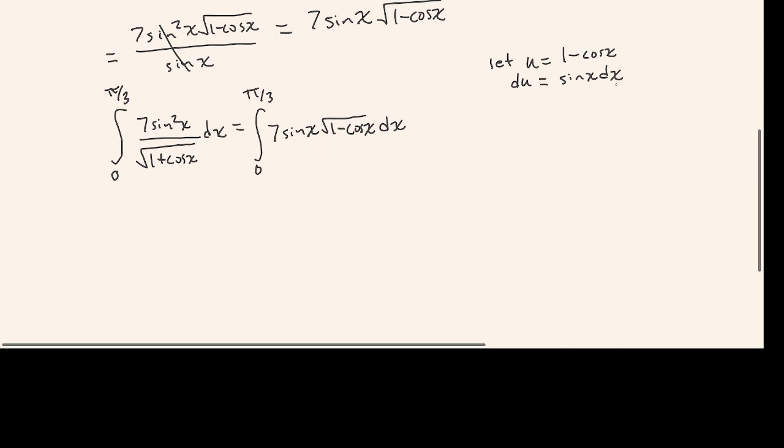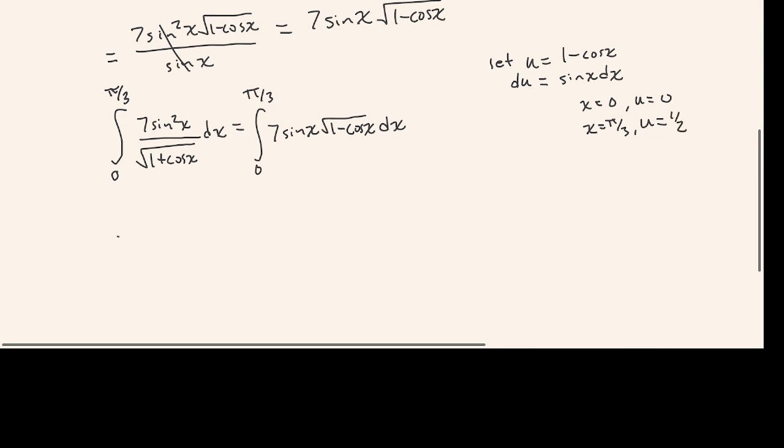So now let's change our bounds of integration. When x is equal to 0, u will be, cosine of 0 is 1, so 1 minus 1 will be 0. Now when x is equal to pi thirds, cosine of pi thirds is 1/2, so 1 minus 1/2 will be 1/2.